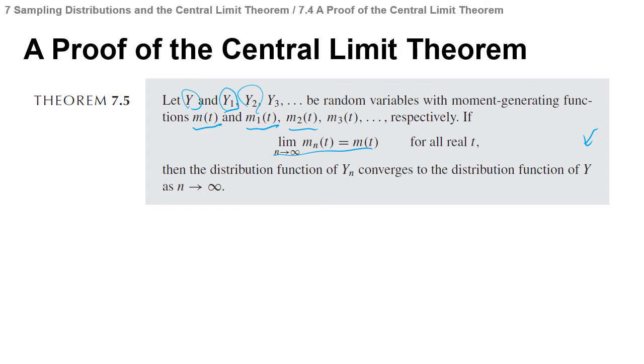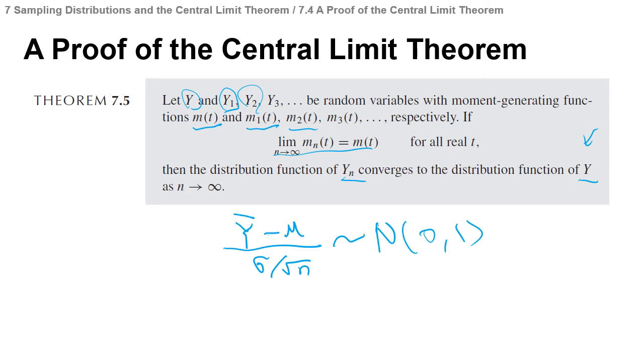How can we use this theorem to prove the central limit theorem? We have the sample mean Y bar, and what we want to prove is that (Y bar minus mu) divided by (sigma over square root of n) follows a normal distribution with mean zero and variance 1 as n goes to infinity.